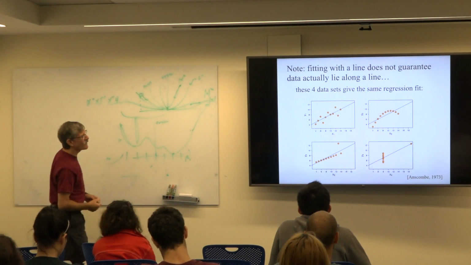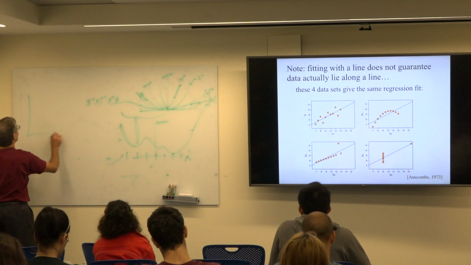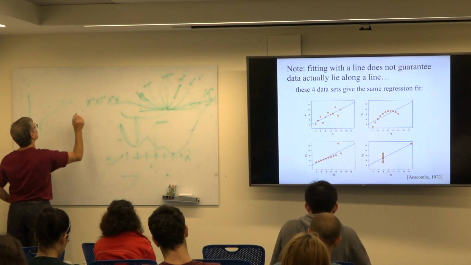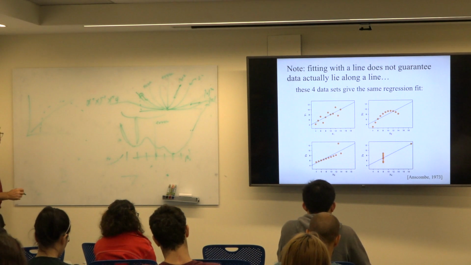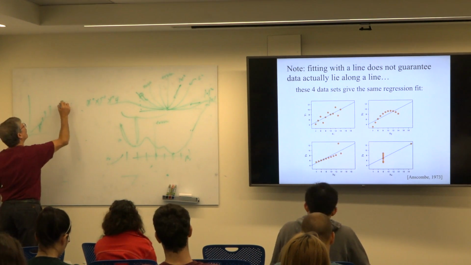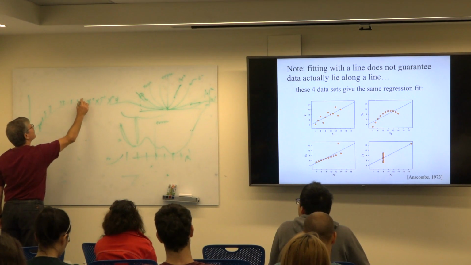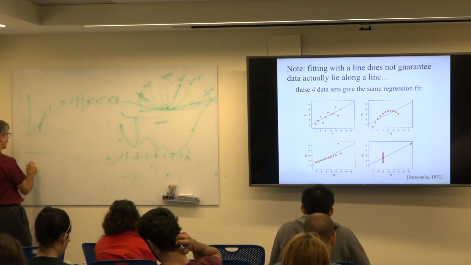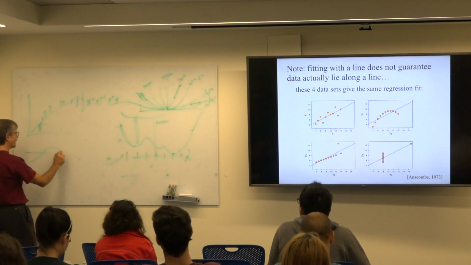And in particular, for that second example, you fit this line, but the data look like this. If you took the mistakes, this mistake, this mistake, this mistake, and you plotted the mistakes as a function of x, you would see that the mistakes look like this.